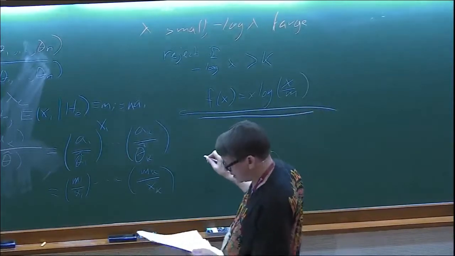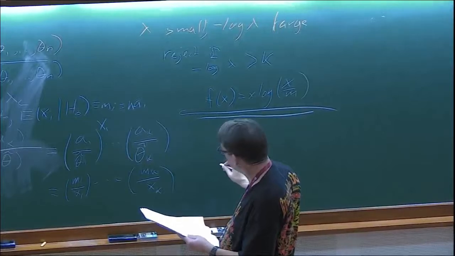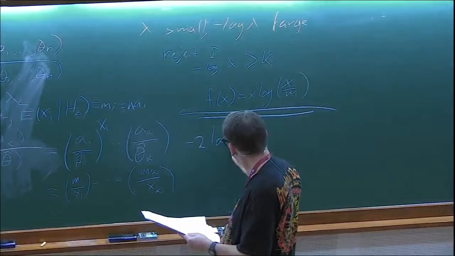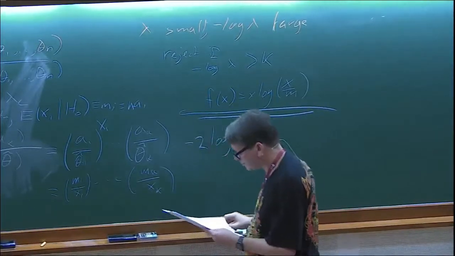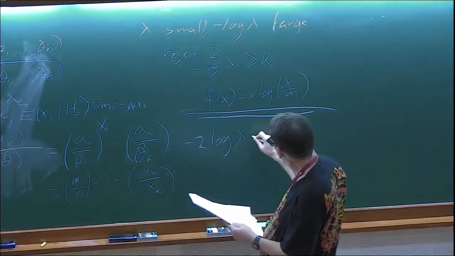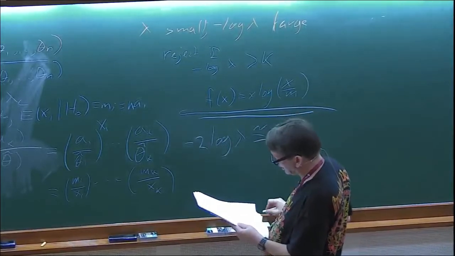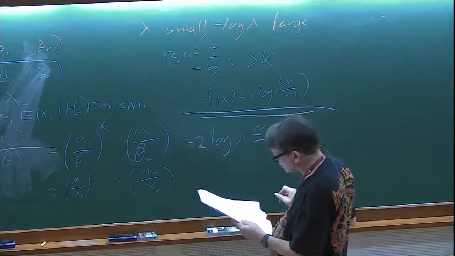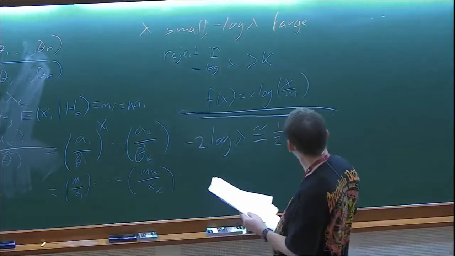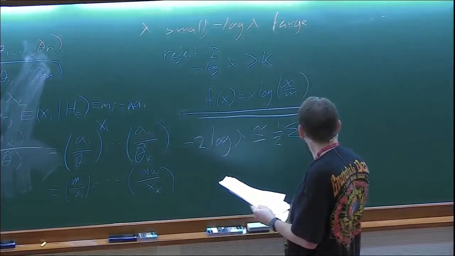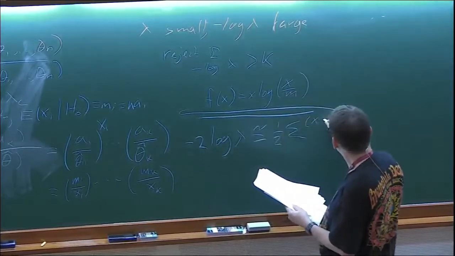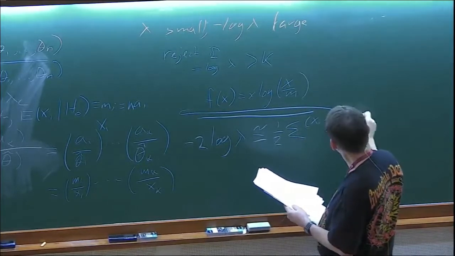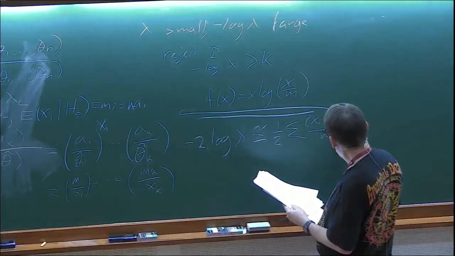Essentially, what that proves to be equal to is that minus 2 log lambda is approximately equal to 1/2 times the sum of x sub i minus m sub i, squared, over m sub i.